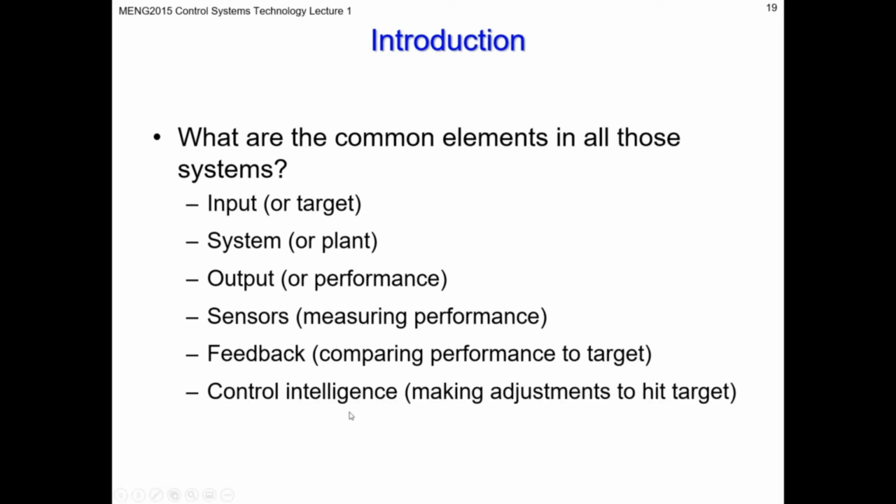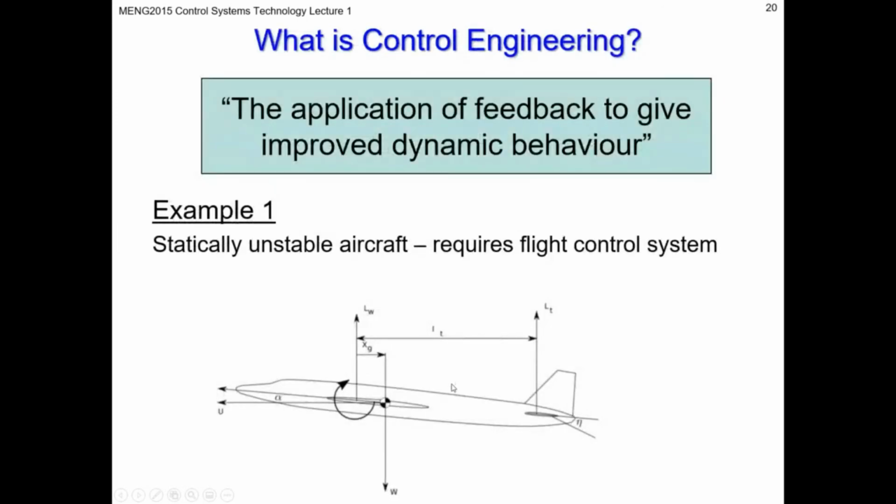And then the control intelligence always works off the feedback. So the control intelligence will respond to the difference between the desired position or speed and the actual. And it will determine, based on the difference, how it's going to respond to that and what changes it's going to make to the plant, which is the system, to correct that difference between what you want and what you've got.